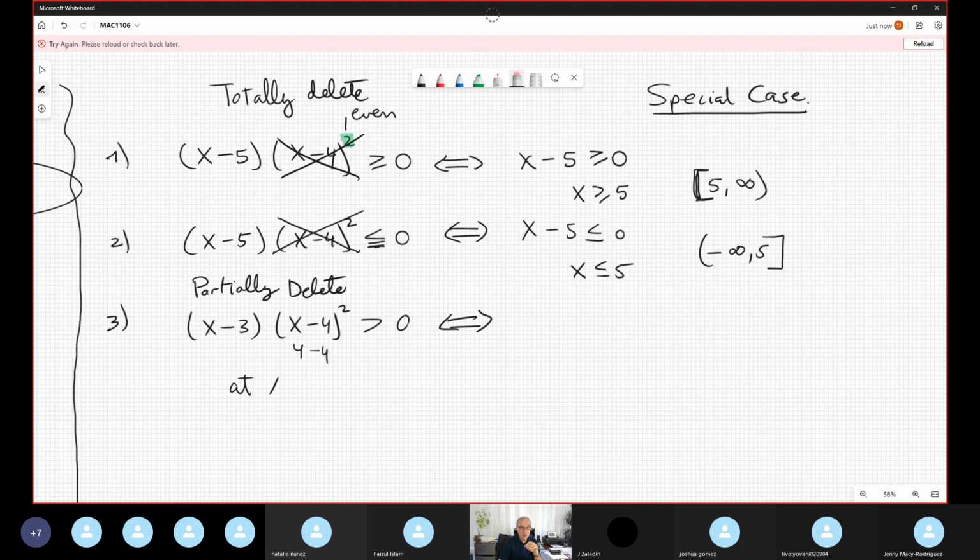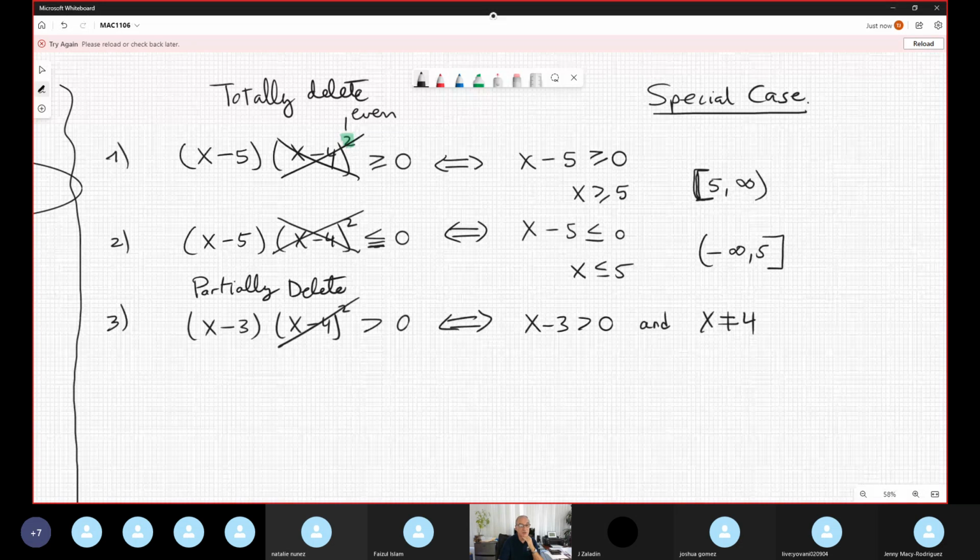You can delete partially. Therefore, in the partial chunk, you copy x minus 3 greater than 0, and you introduce a restriction, because this is considered as a whole: x not equal to 4. And where does this 4 come from? Well, it's the zero of the factor that is a square, the factor that you can delete.